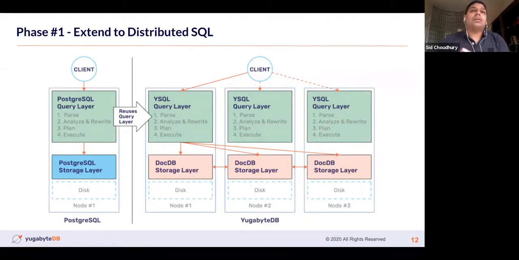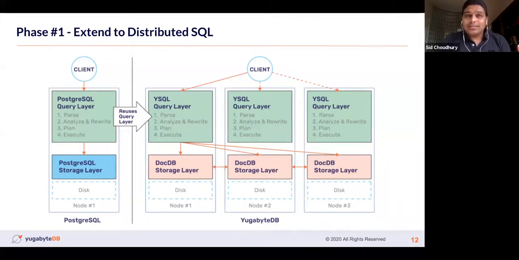And DocDB is the Google Spanner-inspired document store that we built ground up using a custom version of RocksDB as the single node store, but then brought in the notion of documents, advanced data types, as well as Raft-based replication and full distributed ACID two-phase commit style transactions.